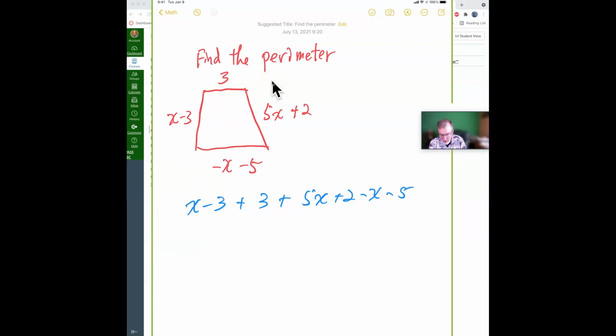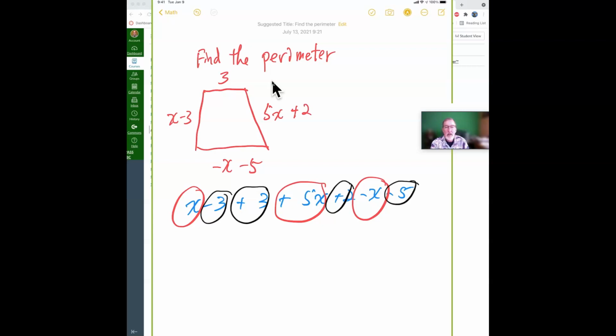So we can combine a positive x with a positive 5x and a negative x. Those three can be combined together. And then the integers, we can combine negative 3, and be sure to keep the sign with the numbers, because even though these are operations, we can consider them positive or negative signs for the sake of this exercise.